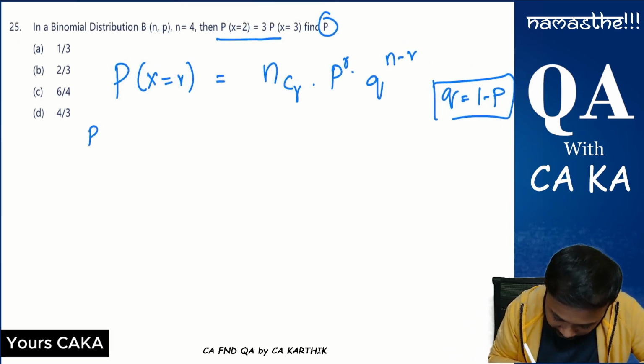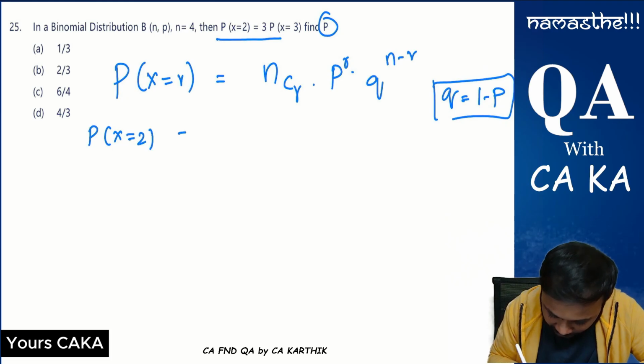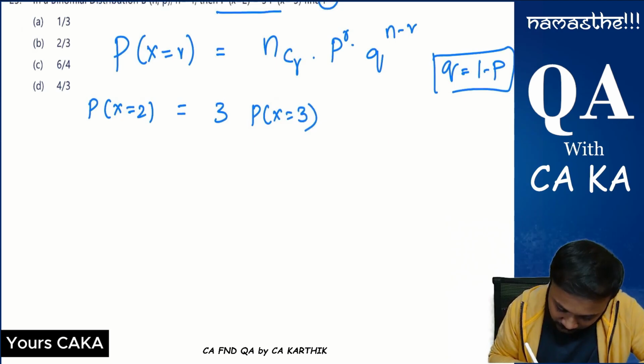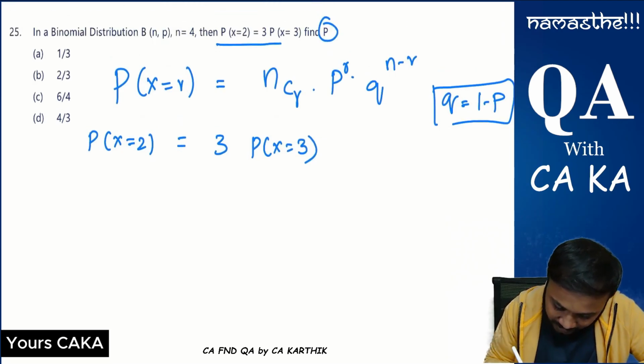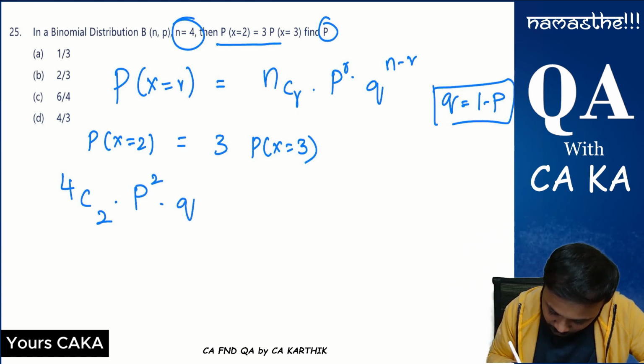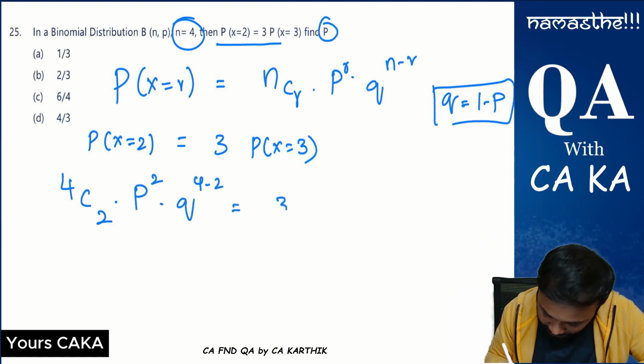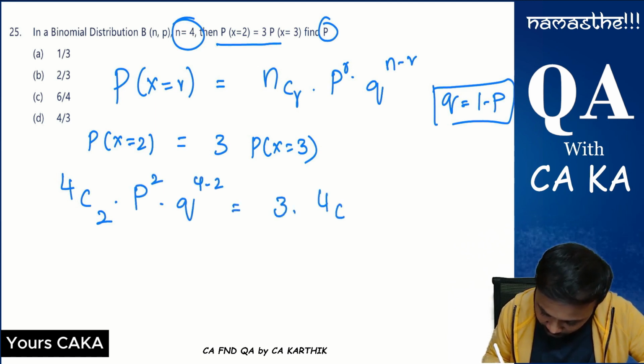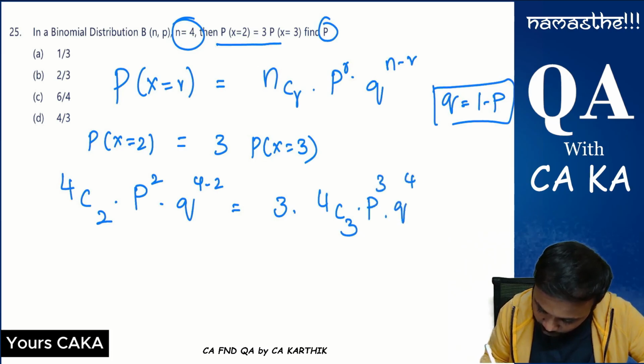Let me write this equation once again. P of x equal to 2 is equal to 3 into P of x equal to 3. Now when you apply the formula, n is 4. So 4C2 into p to the power 2, q to the power 4 minus 2, equals 3 into 4C3 p to the power 3 into q to the power 4 minus 3.